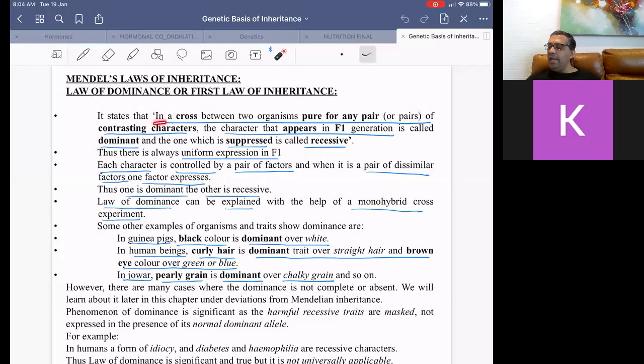It states that in a cross between two organisms, pure for any one pair of contrasting character, the character that appears in the F1 generation is called dominant, and the one which gets suppressed is called recessive.